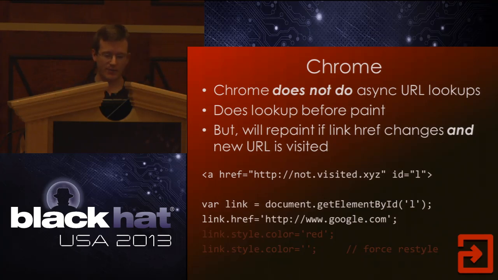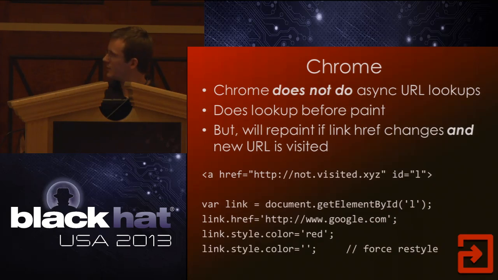We change the href. And then we have to do a little trick here. By default, Chrome won't actually restyle the link if you just change the href. I found that if you touch one of the style attributes, in this case set the color to something and then remove it, then Chrome will go, aha, I need to restyle this, and it will repaint the link only if the new URL is visited.